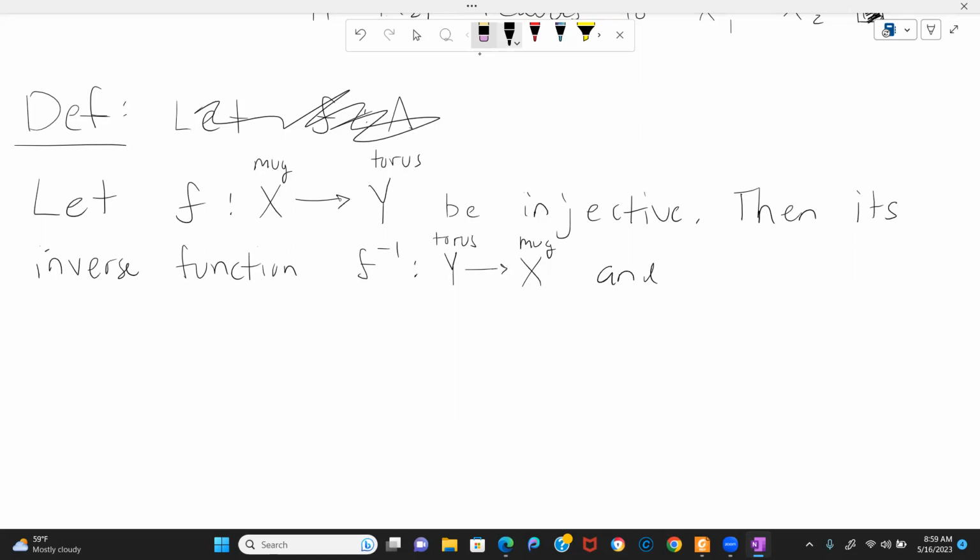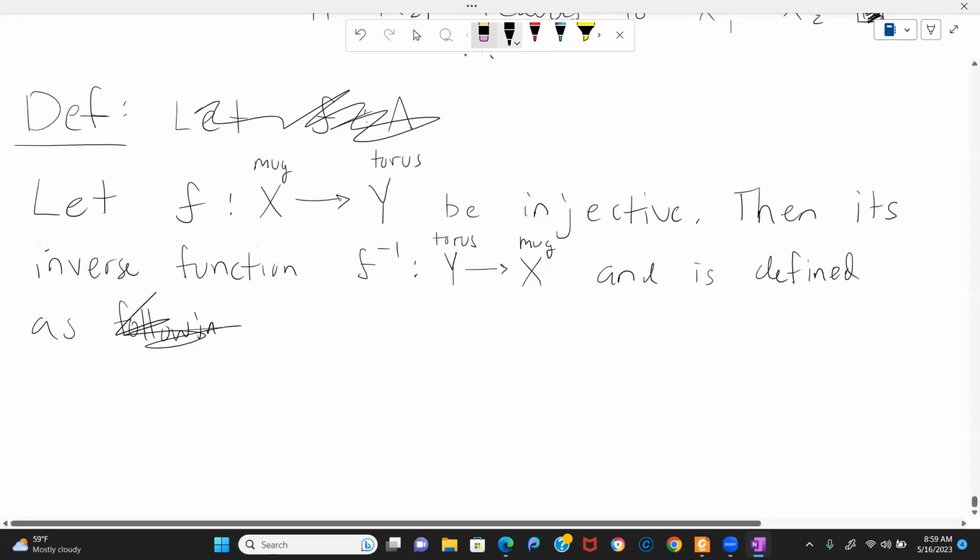Remember, a function isn't just the rule, it's the set and the rule. I gave you the sets. What's the rule? It is defined as follows. It's kind of a confusing definition at first, but once you've read it a couple times, it sort of makes sense. I don't know why this is not working.